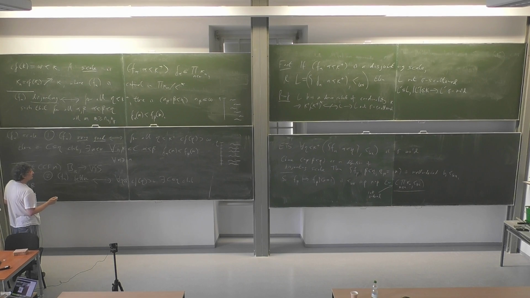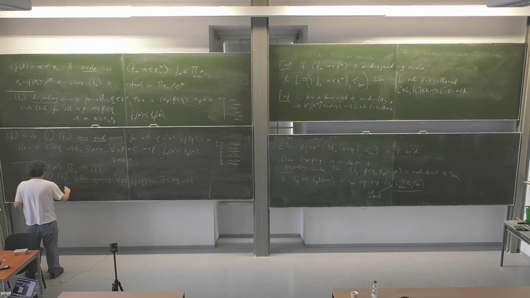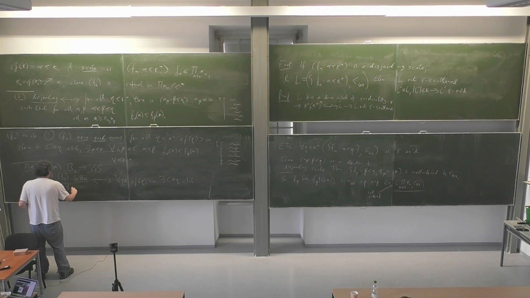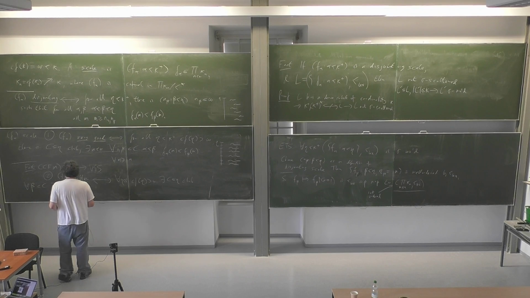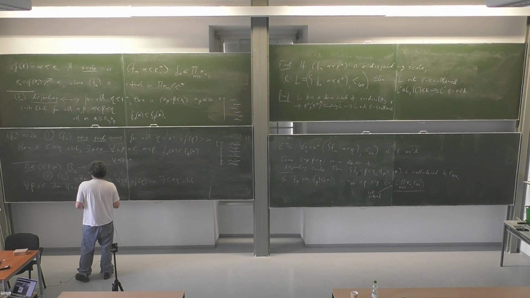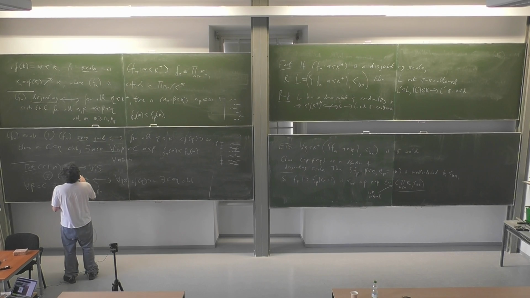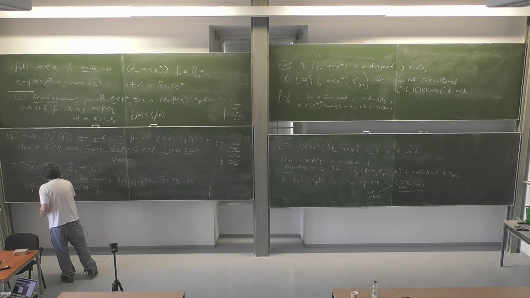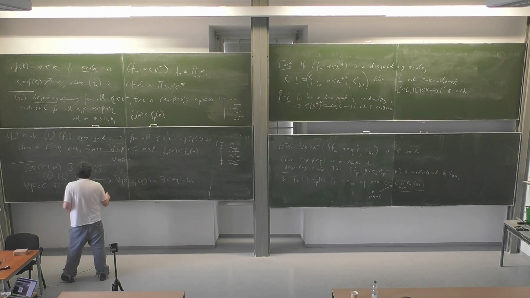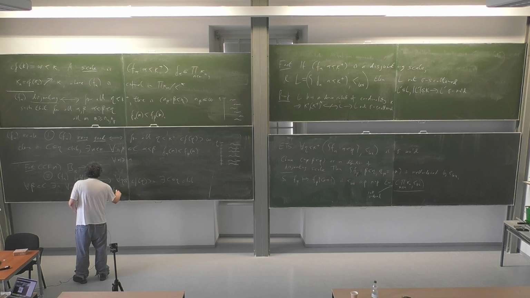For every eta in C, there is an m, for every alpha in C intersect eta, f alpha.